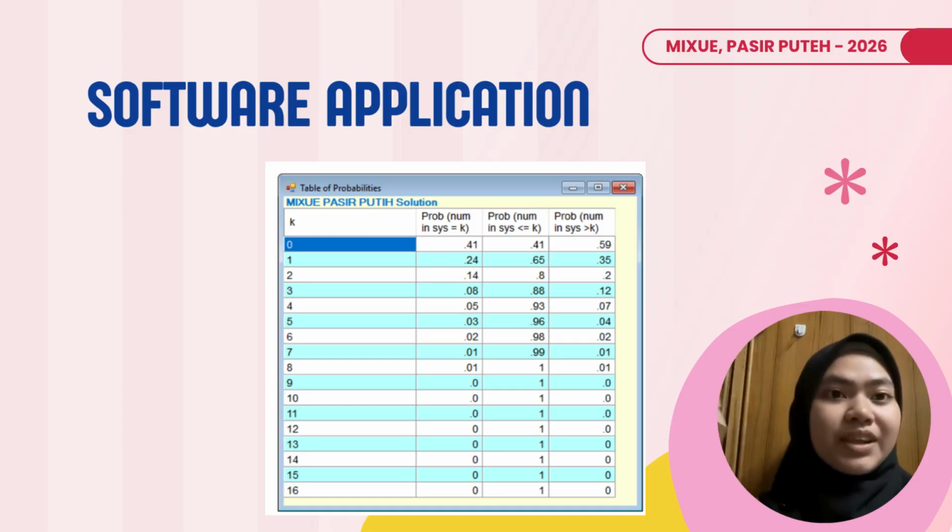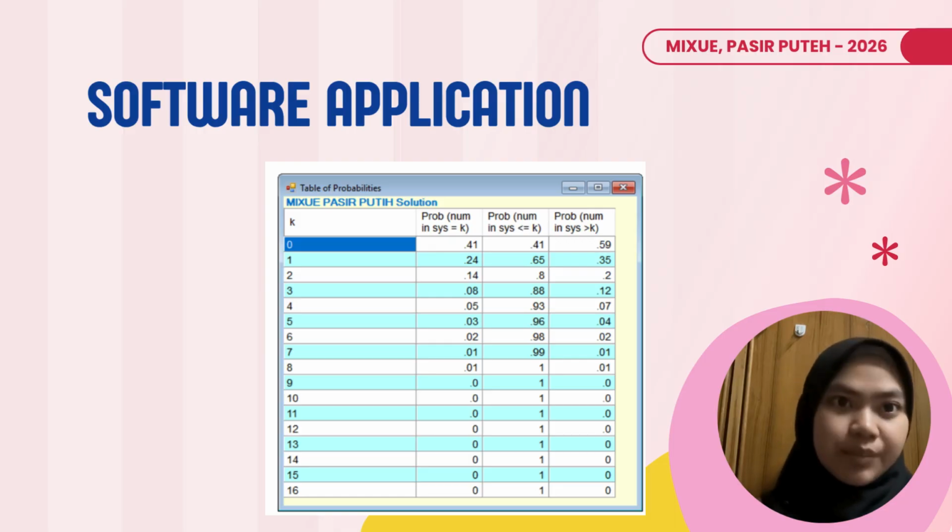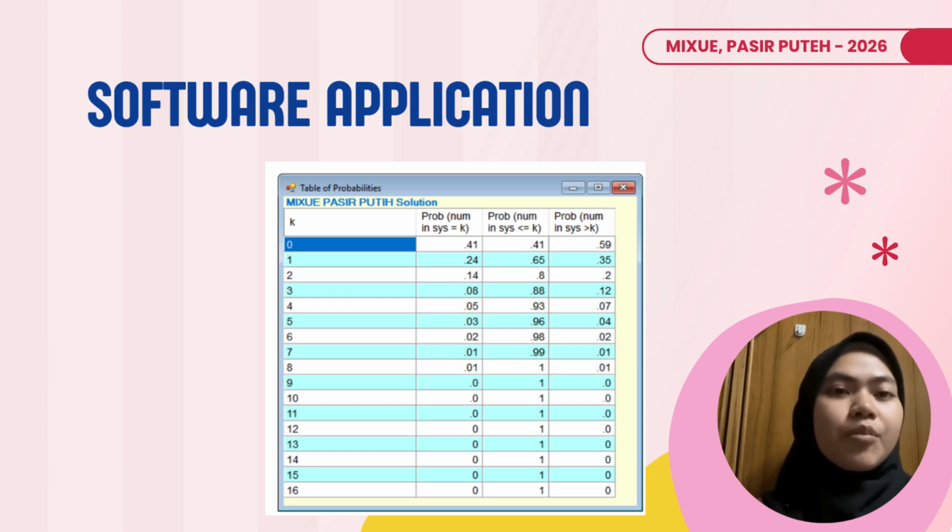But the most important thing for a manager to look at is the probability that there are more than a certain number of customers in the system. This shows the risk of long lines. For example, the probability of having more than 2 customers is only 12%. The probability of having more than 4 customers is even lower, at 7%.